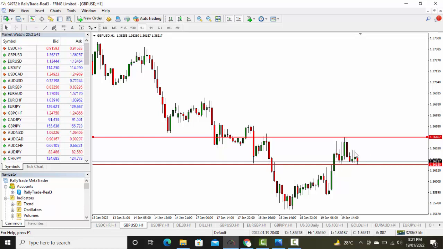So the name of the pending order I'm going to use for this breakout is what we call the stop orders. So my buy stop is going to be above this resistance, and my sell stop is going to be below this support. How will the buy stop work? If price eventually breaks outside of this resistance and continues to trade higher, it gets to trigger my buy and it continues to go up.